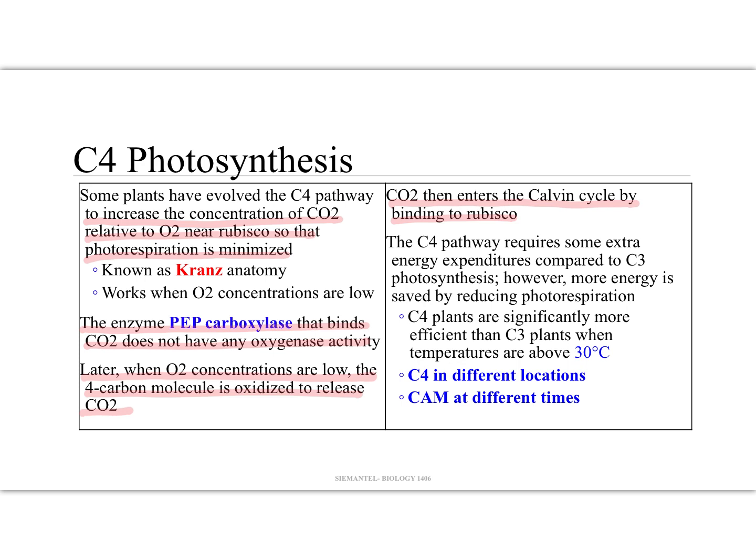Because of all of the extra steps, the C4 pathway needs extra energy as compared to the C3 pathway. Okay? But in the long term, more energy is saved because we did not go through photorespiration, which is a dead end. C4 plants are significantly more efficient than C3 plants when temperatures are above 30 degrees Celsius. So with C4 plants, it's all about location, location, location. I'm going to store my carbon dioxide in a different location until we can get to use it when conditions are more ideal.